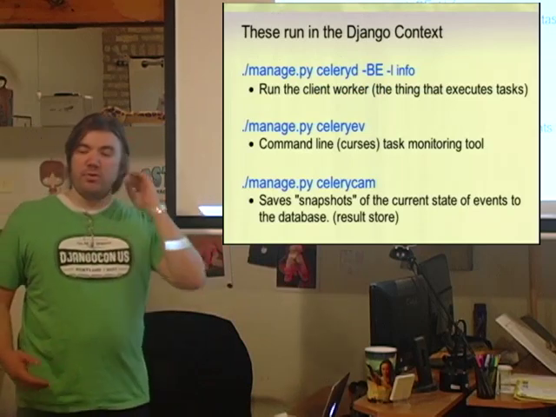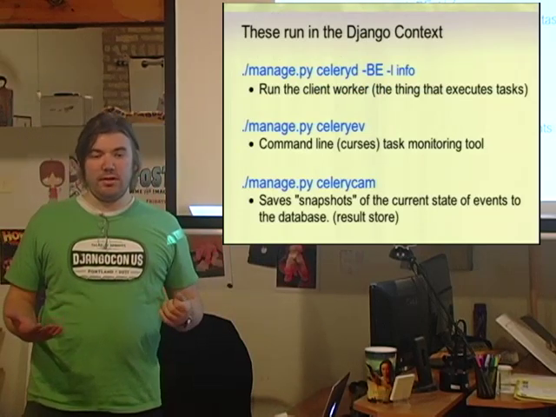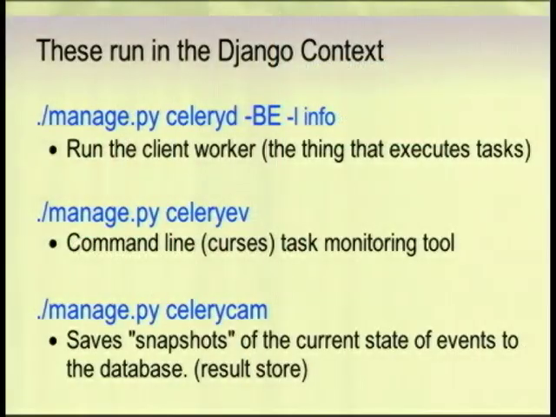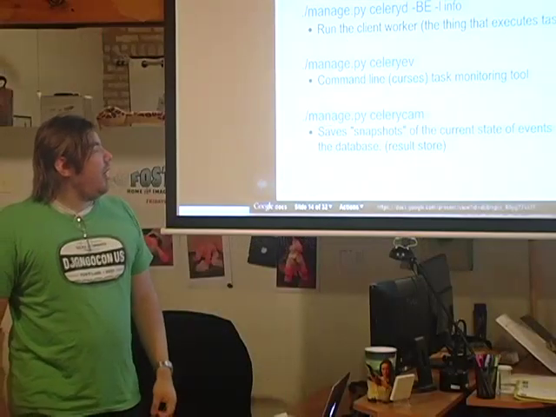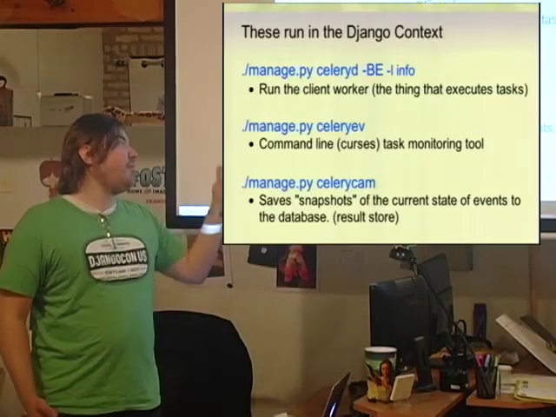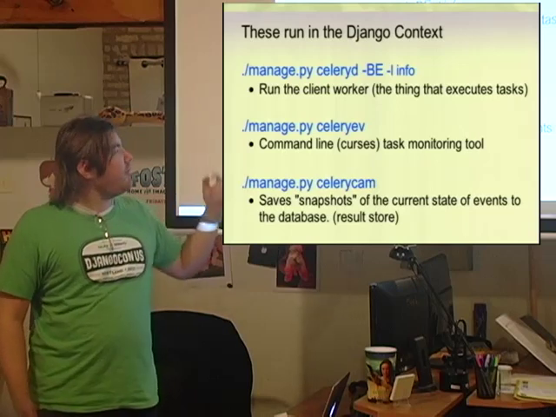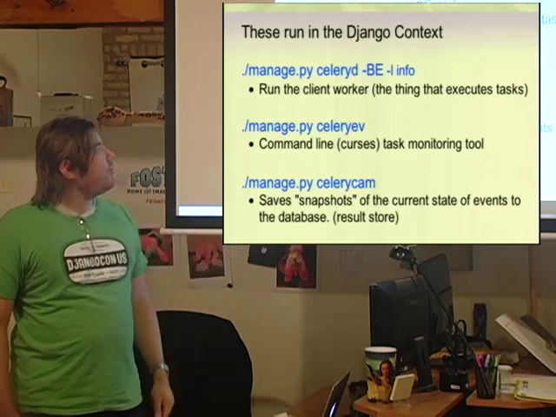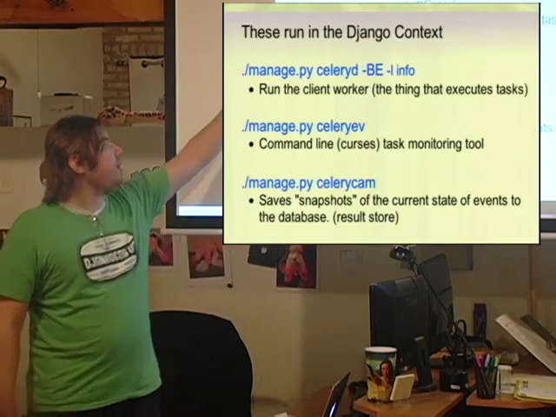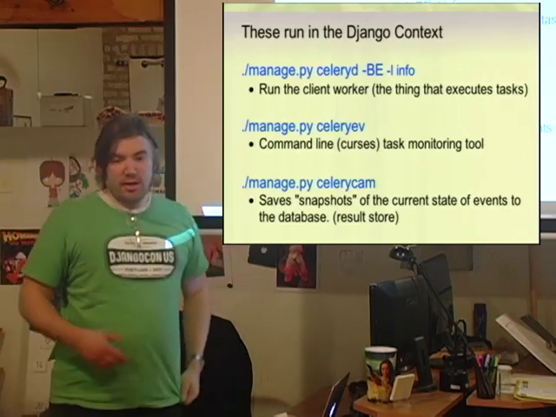Then, when you set up a Celery environment, you have to run these daemon processes in the Django context. And of course, you have RabbitMQ just sitting out there on your system, which is completely independent. But these management commands, although a few of them are required to be running, several of them are useful. The most important one is the Celery daemon process.